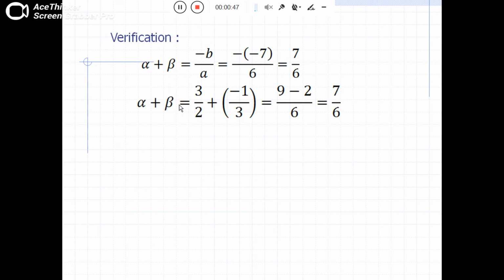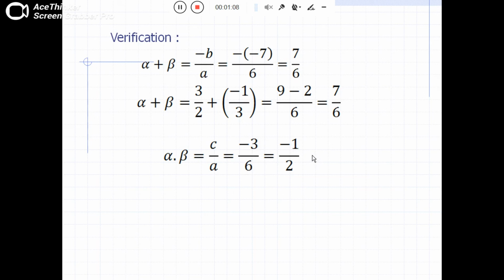Alpha plus beta means sum of zeros. We have to verify the product of zeros also. And you know the formula of product of zeros, alpha into beta equals c upon a. The value of c is minus 3, a is 6. When you simplify it, 3 ones are 3, 3 twos are 6, you will get minus 1 upon 2.